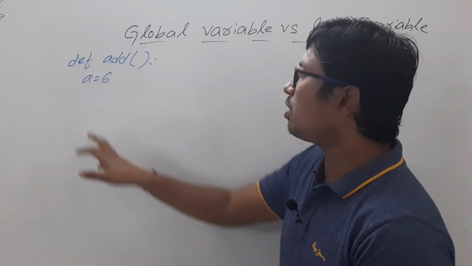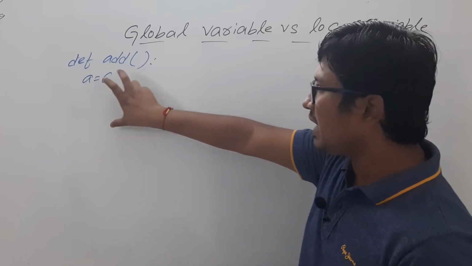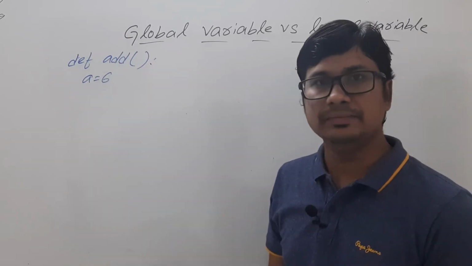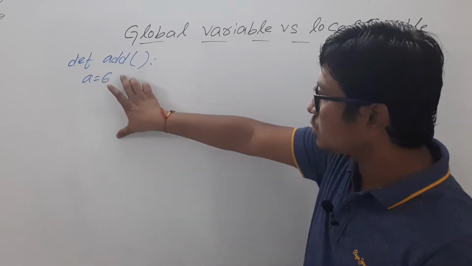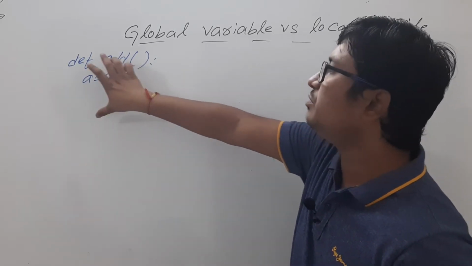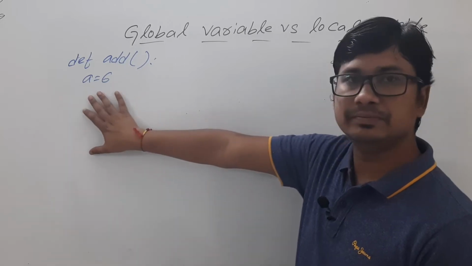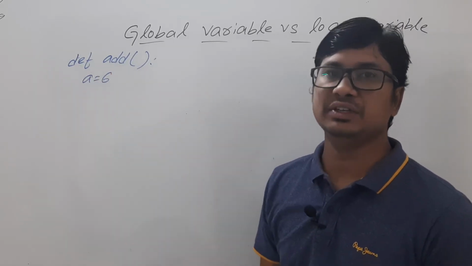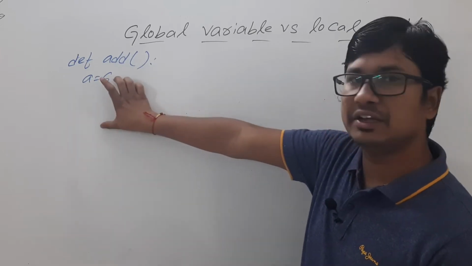Then this local variable a you can access only within this function called add, or its scope or lifetime is only within the particular function. You cannot access this variable a outside this function. I hope it is clear for you.